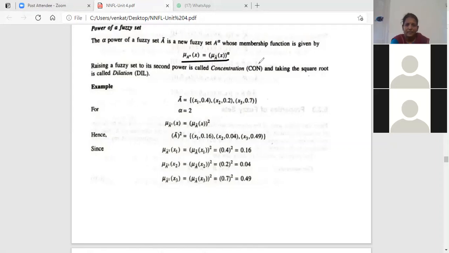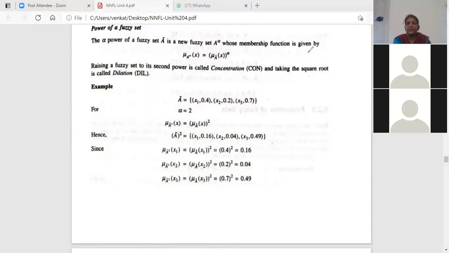Mu A of x is equal to mu A of x whole power alpha. A power alpha. Here you can observe A power alpha. Raising a fuzzy set to its second power is called concentration, and taking the square root is called dilation.